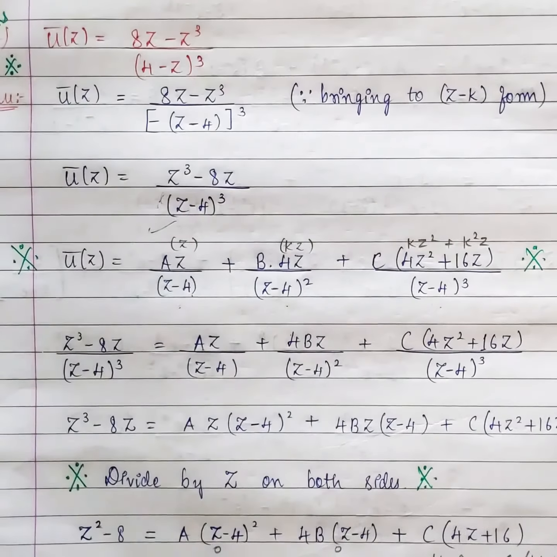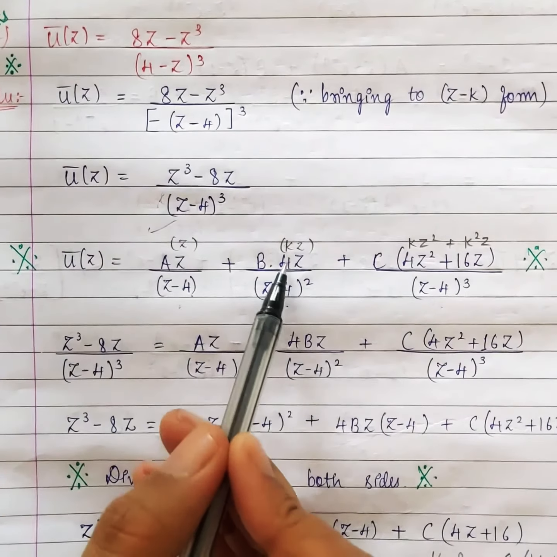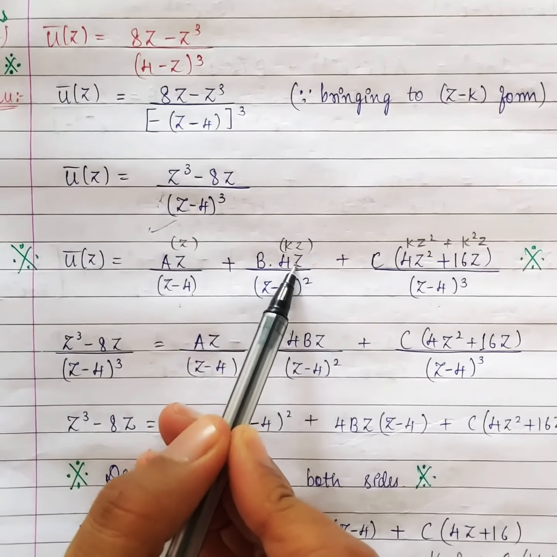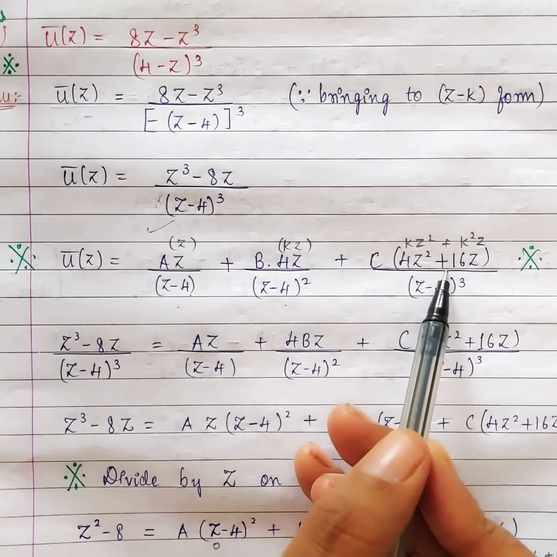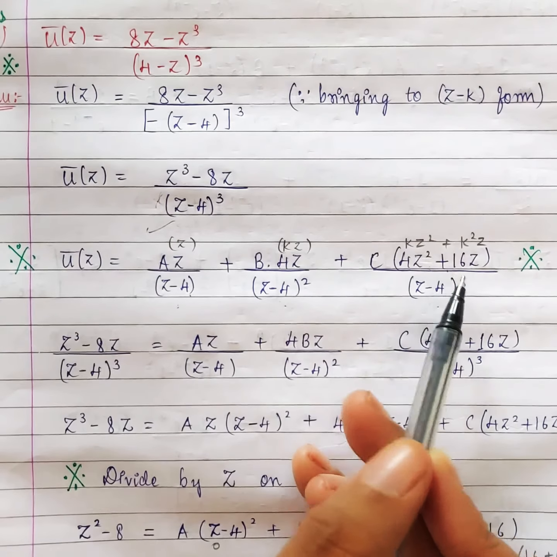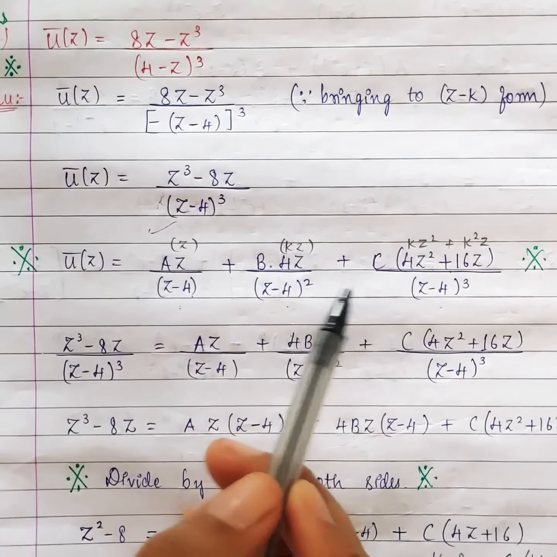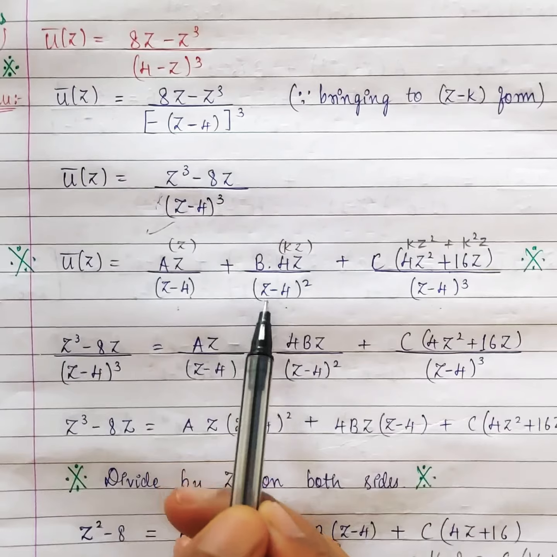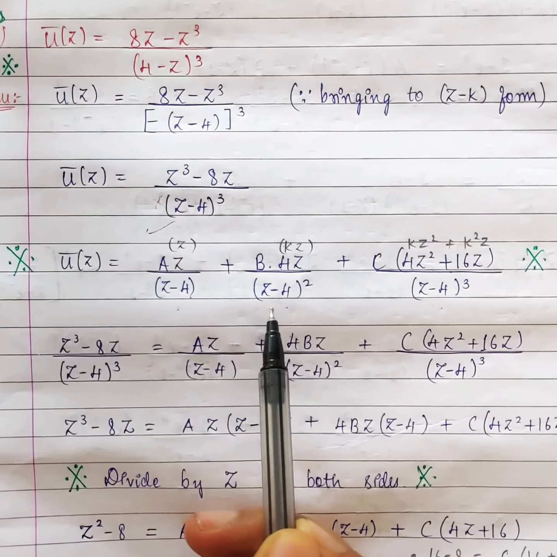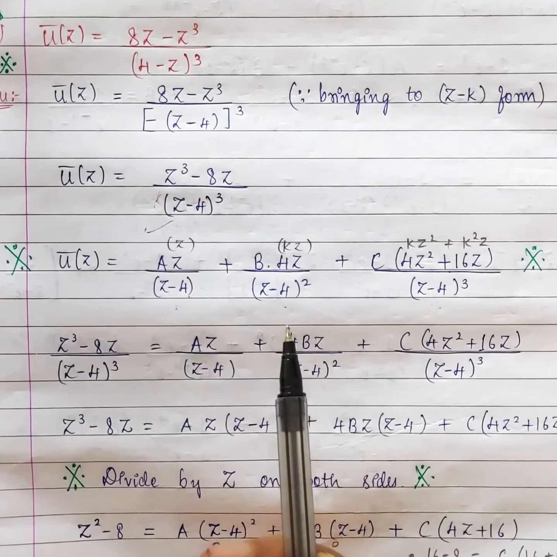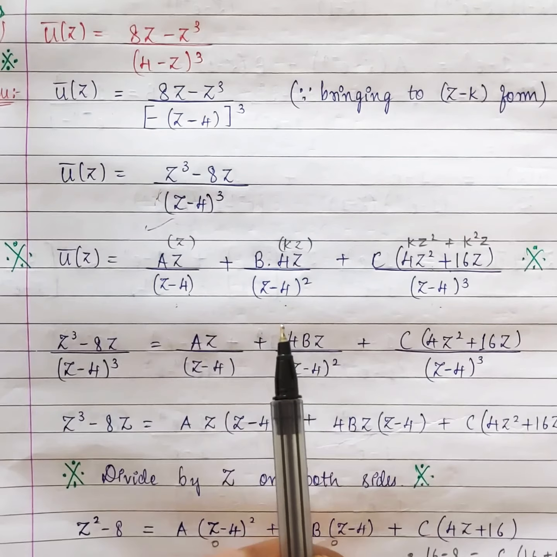So how will it be? Here kz, so 4z we have written. Here kz square, 4z square, plus k square z, 4 square, that is 16z. We are fixing the numerator depending on the denominator because it has to be in formula format, and hence it's easy to solve when we apply the inverse z transform.